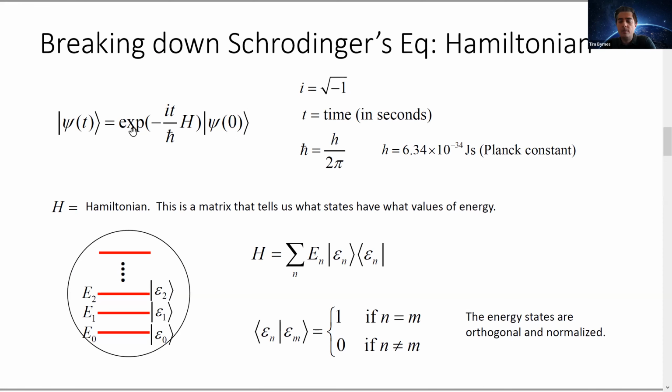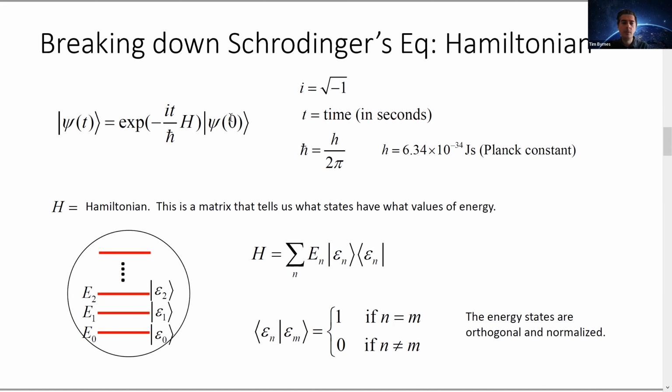So the exponential, obviously, that's just e, Euler's constant, basically. i is, of course, the square root of -1. This t is time, and we can use seconds for the time. So that's basically how much time we're going to evolve it forward for.